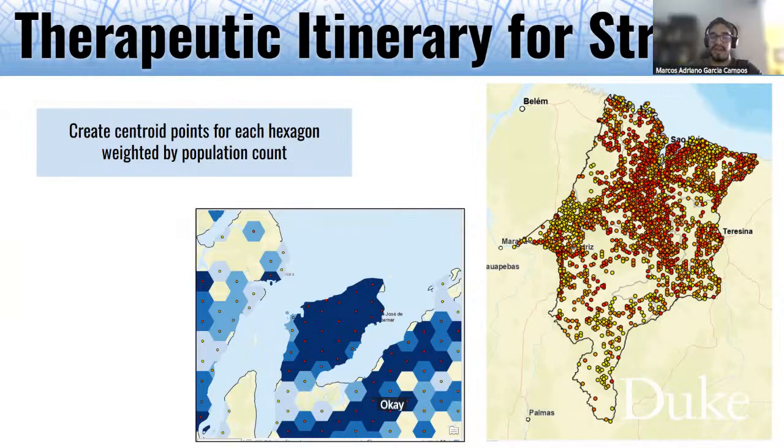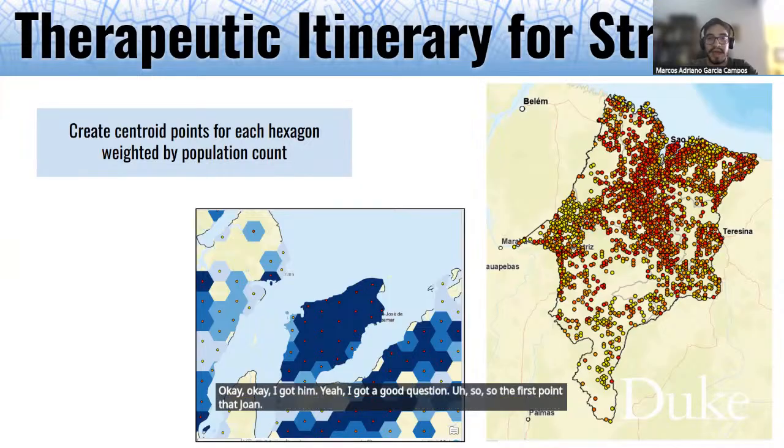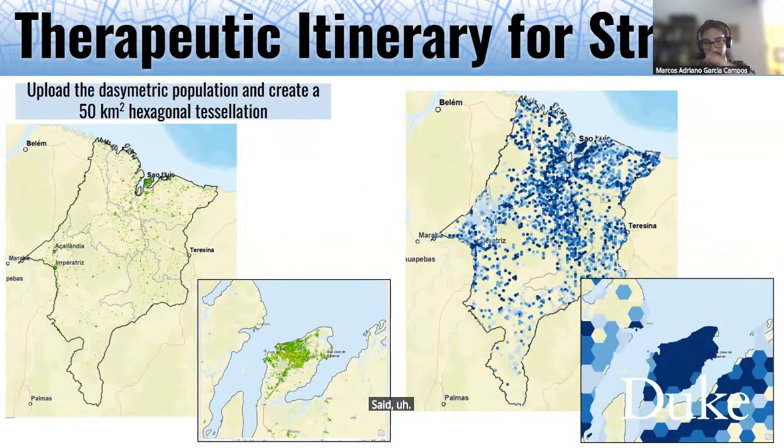I got a good question. The first point, as João said, is that I used all the population, where the population lives. In Maranhão there were about 5 million people living, and I have all of the population on that map.